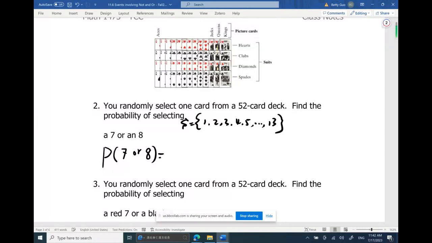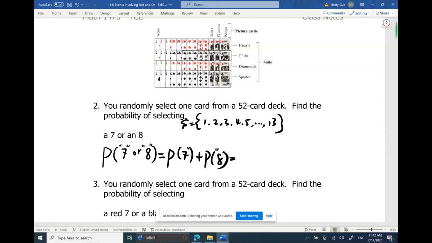Under the condition that the two events are mutually exclusive, P of 7 or 8 equals P of 7 plus P of 8. Sometimes they put a bar to differentiate this event from just the number 7, or number 8. Either way is fine, as long as you are not confused, you are clear.